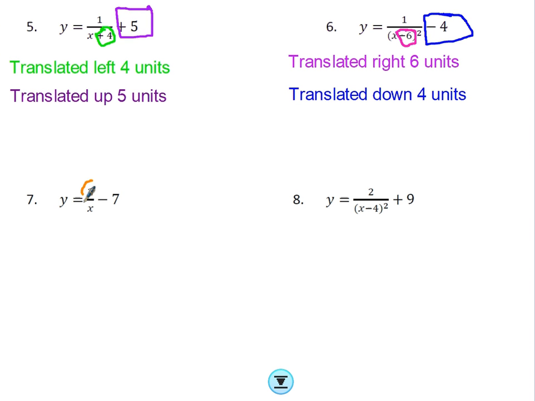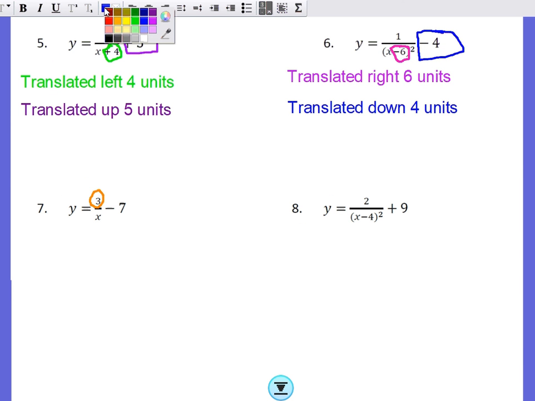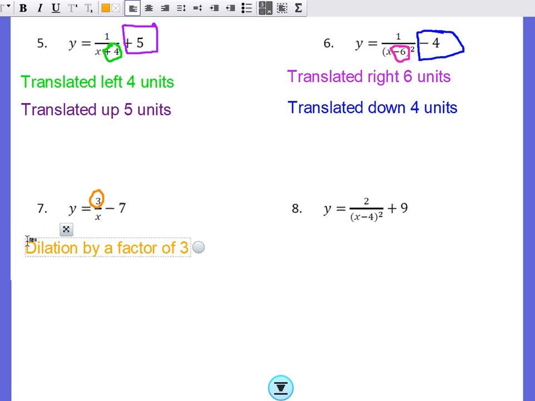Here we've got a 3 in the numerator instead of a 1. So that means that for number 7, this equation has a dilation by a factor of 3.